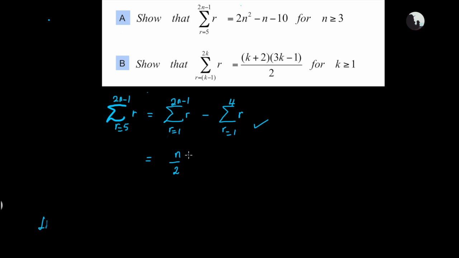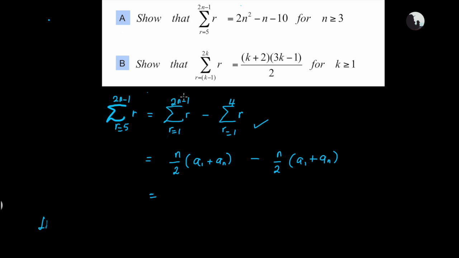n over 2, what is your first term, plus your nth term, and it will be the same for this part here. So now you really need to find what is n, because we already changed this one into this, which I can call the standard form, because we start at 1.